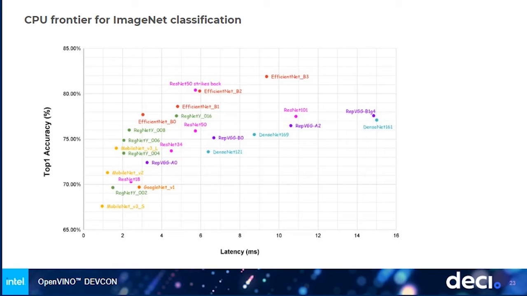As we mentioned before, what we are searching for is networks which are both accurate and fast. So basically, we want to be as far left as we can and as high as the rest of the networks. There is no perfect spot to be in.